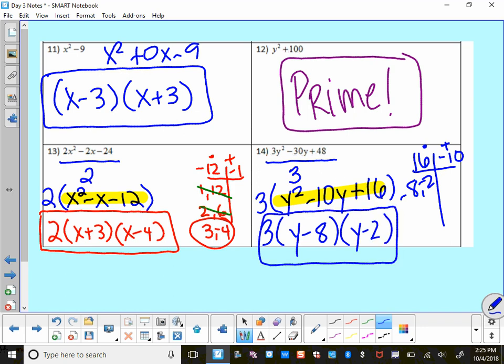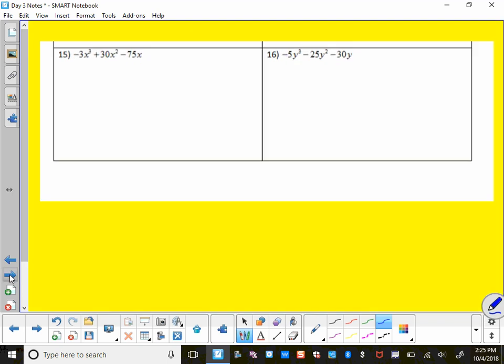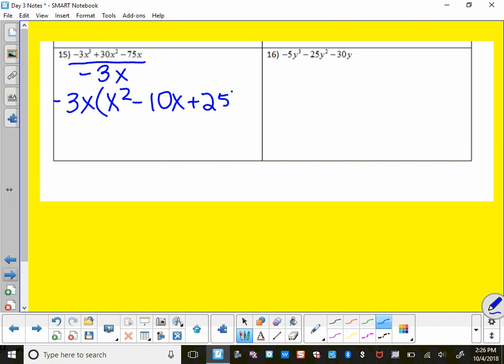Alright, perfect. We're watching Lloyd in a second. Alright, so then we have two more. GCF is negative 3x. If I divide, I get x squared minus 10x plus 25.